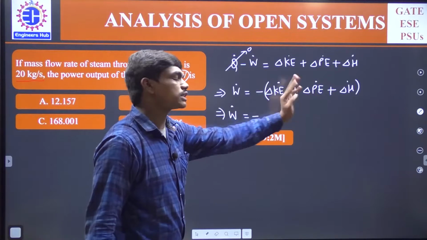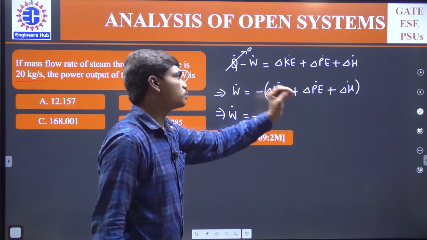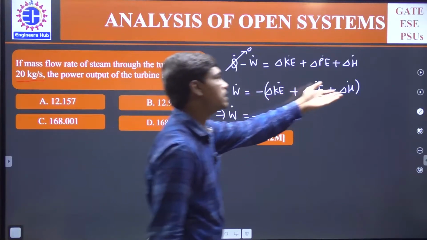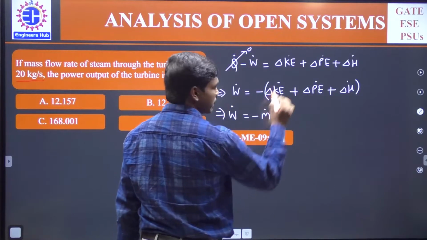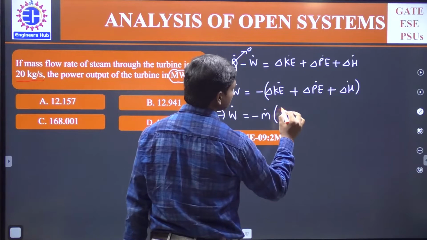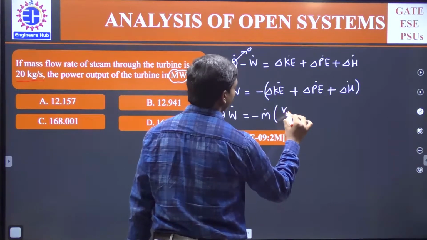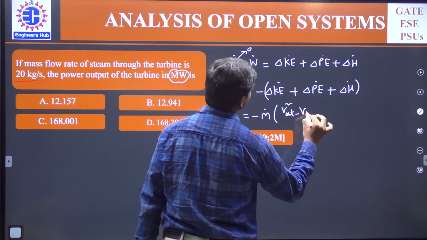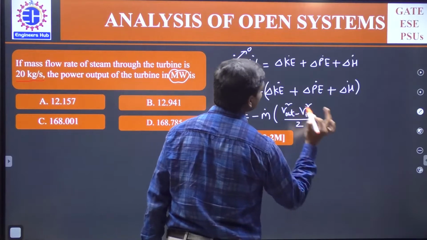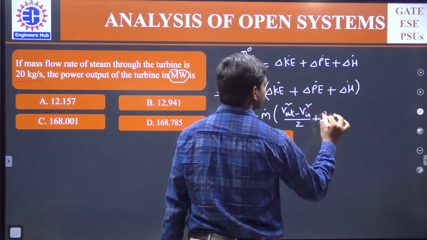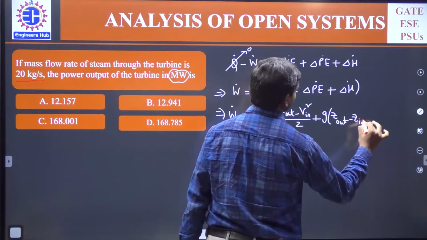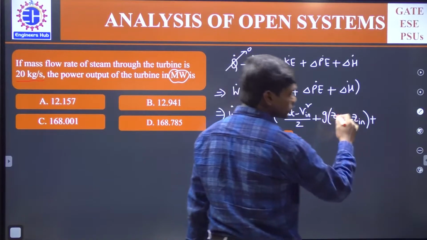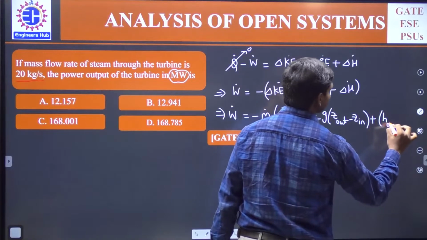Similarly, total potential energy is nothing but mass flow rate into change in specific potential energy, and similarly specific enthalpy. So m dot into delta ke, small, will be equal to V out square minus V in square divided by 2 plus g into Z out minus Z in plus H2 minus H1, meaning H out minus H in.